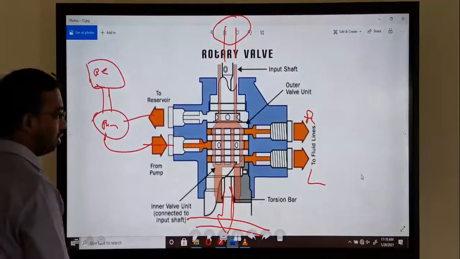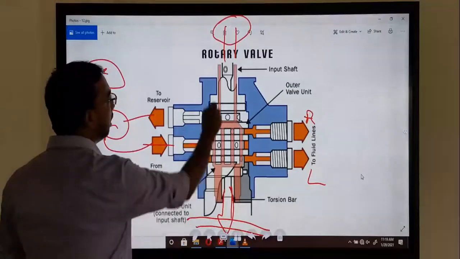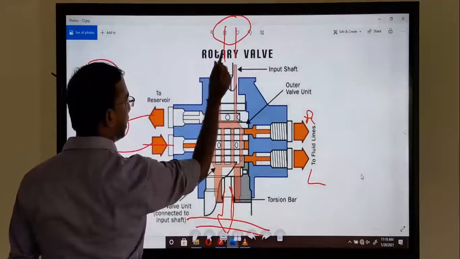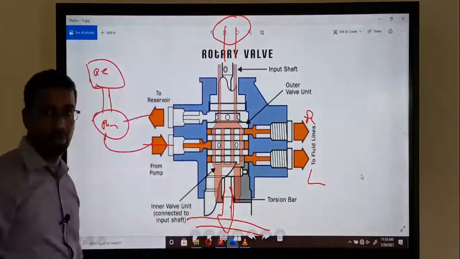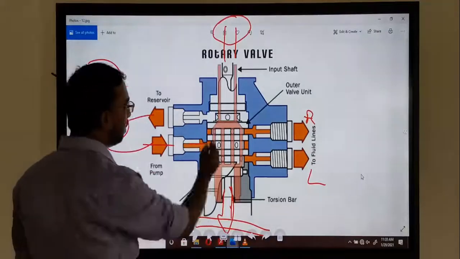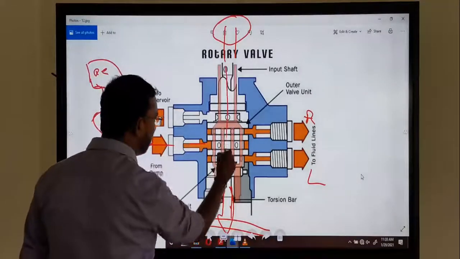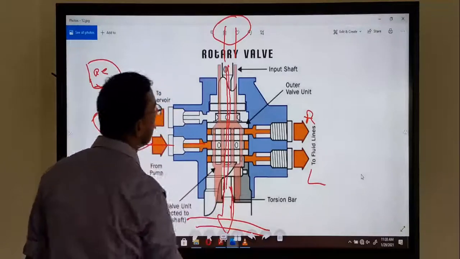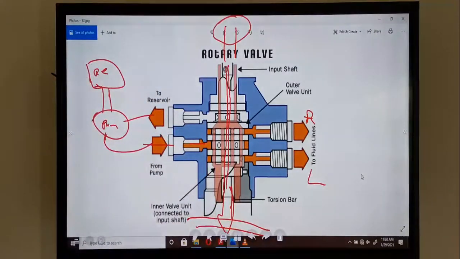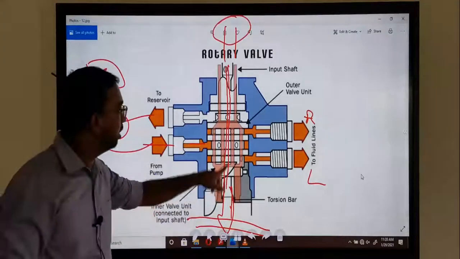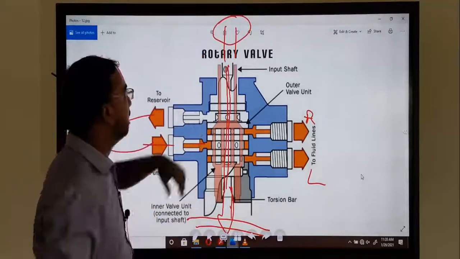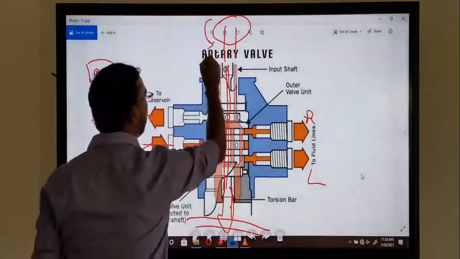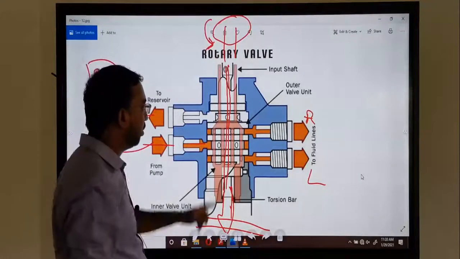There you can see there is a torsion bar. This is the input shaft, this is the output shaft, and inside there is a small bar. That's called the torsion bar. When we rotate the steering in this direction, we start to rotate this torsion bar.